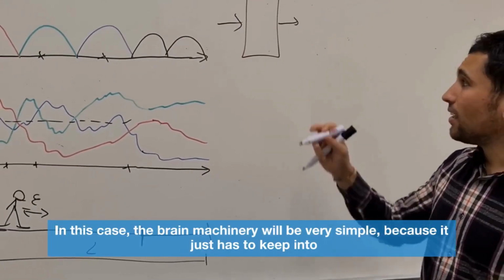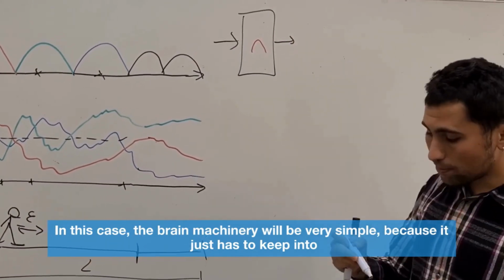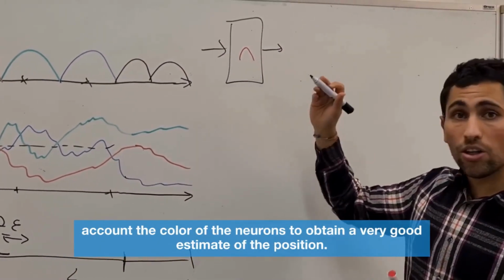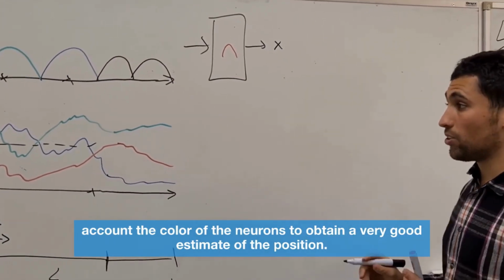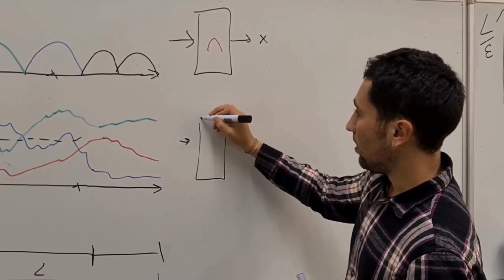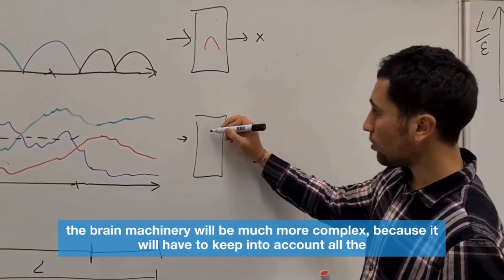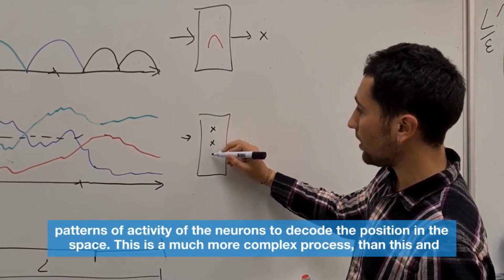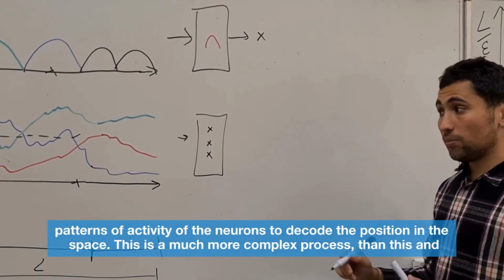In this case, the brain machinery will be very simple because it just has to keep into account the color of the neurons to obtain a very good estimate of the position. Instead, in this case, the brain machinery will be much more complex because it will have to keep into account all the patterns of activity of the neurons to decode the position in the space.